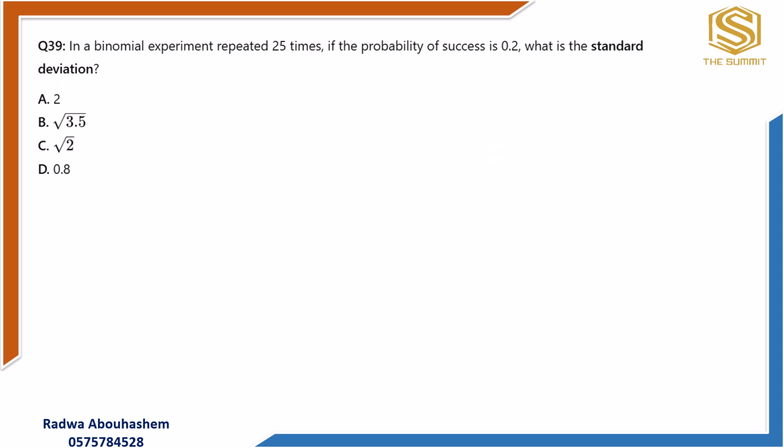In a binomial experiment repeated 25 times, if the probability of success is 0.2, what is the standard deviation? Okay, now the standard deviation equals the square root of n times p times q. N is the number of trials, p is the probability of success, and q is the probability of failure.